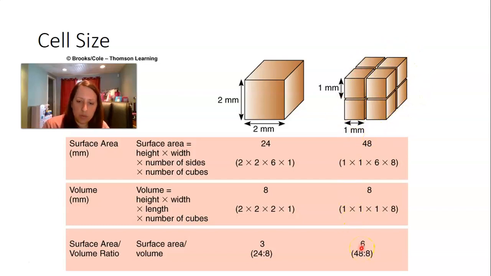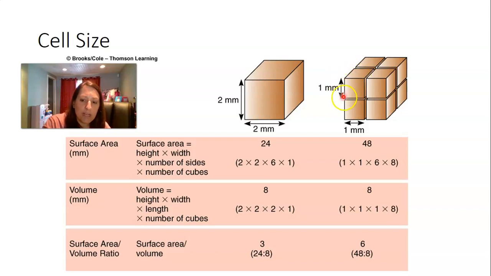So if we take each one individually and look at the surface area to volume, we end up with 6, a higher surface area to volume ratio. So these cells on this side are going to be more efficient at bringing in nutrient materials and at getting rid of waste products.